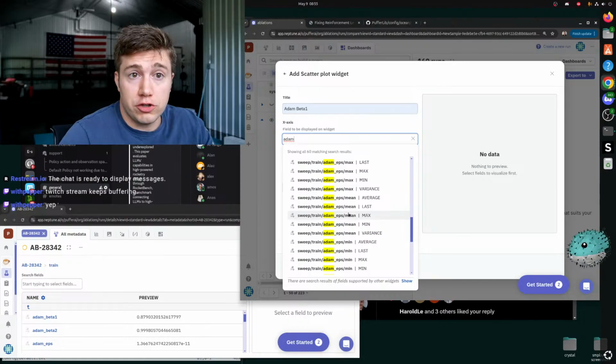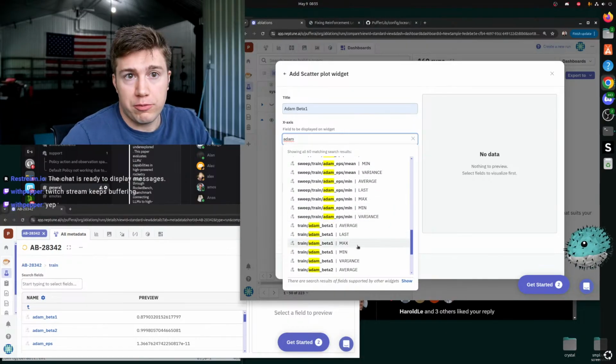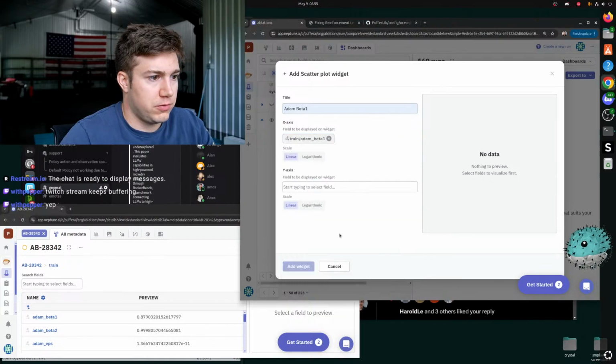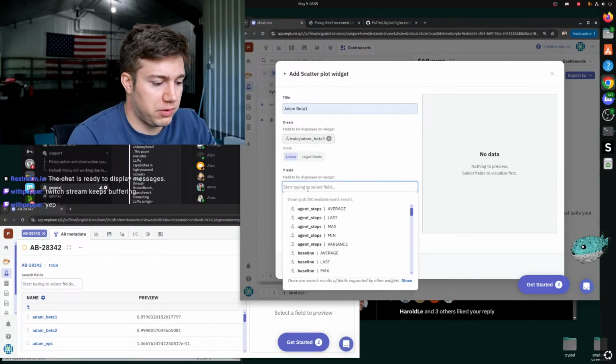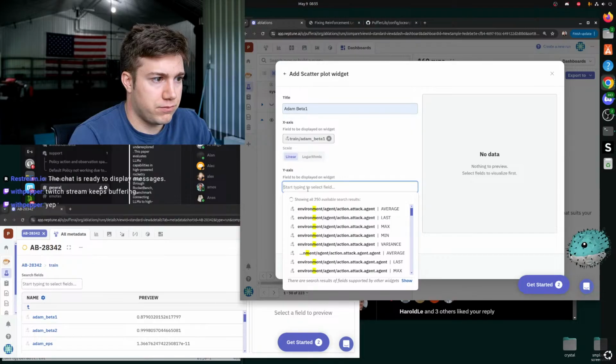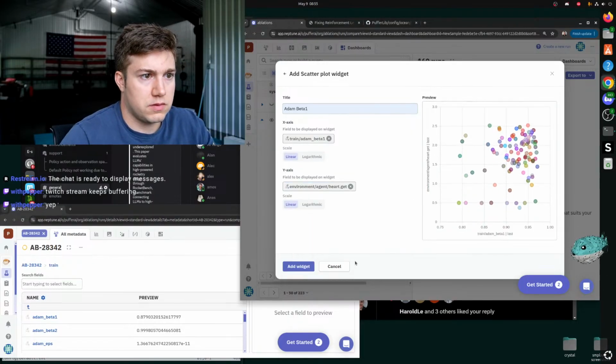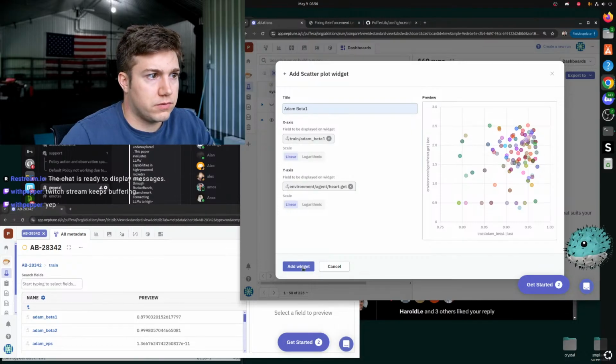So what we want to do here is grab all the parameters that can have some sensitivity to hyperparams, which is pretty much everything that is worth sweeping, right? This is atom beta 1.